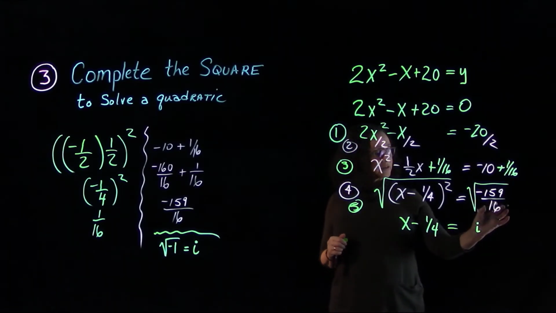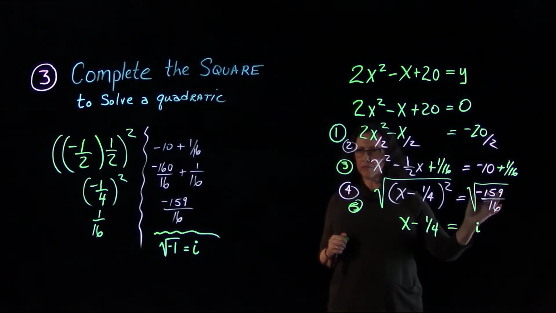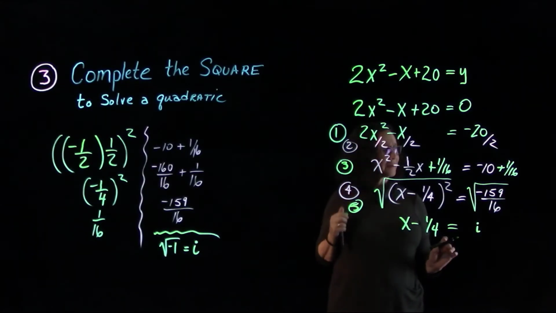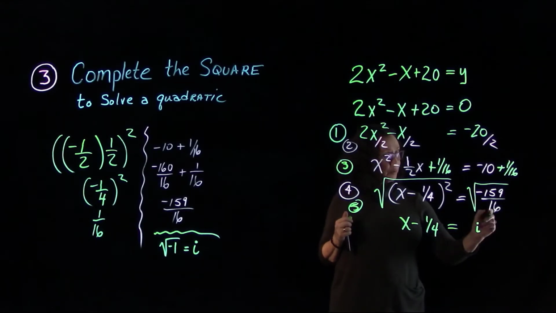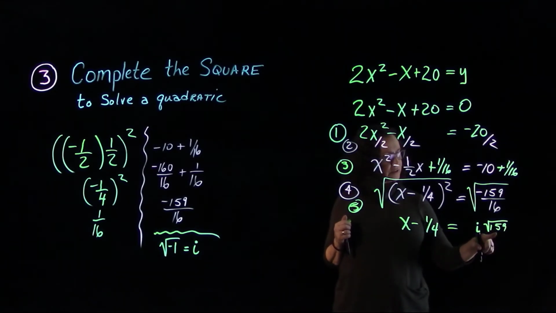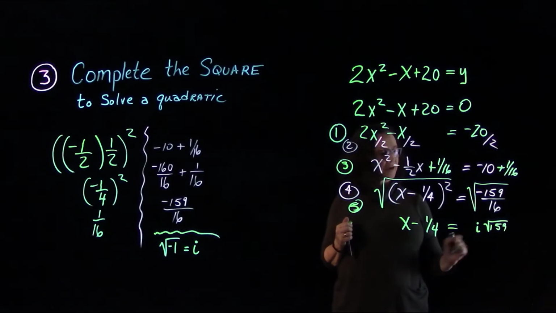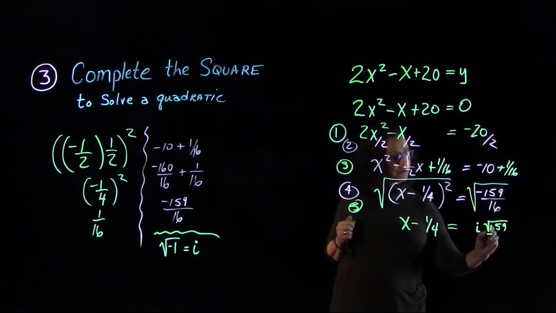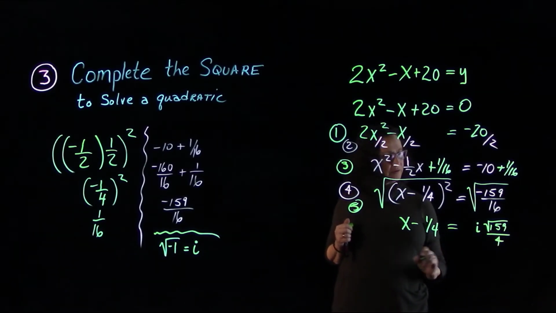And we also want to take the square root of 16. There is no square root of 159 that I can think of at the moment. So the square root of 159 stays, and that's over the number 4.